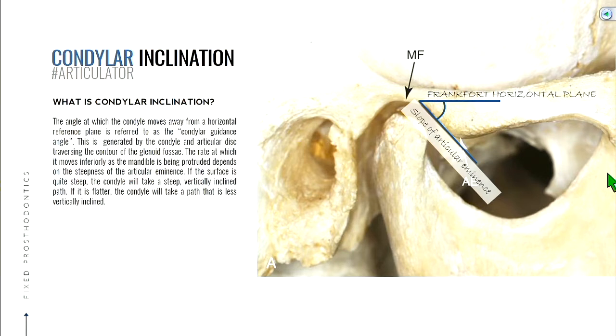So we can't readily get to the orbital, so what do we use as another point to help us? Yeah, the nasion is the point that's just above your nose here. Okay, so if you remember, go back and watch the video where we place that third point of reference right where that concavity is, right above your nose. Okay? So anyways, that's the Frankfurt horizontal, and then the other line is the slope of the articular eminence.